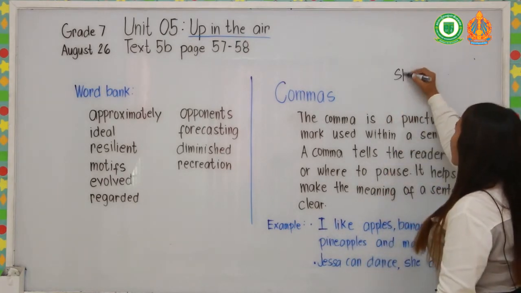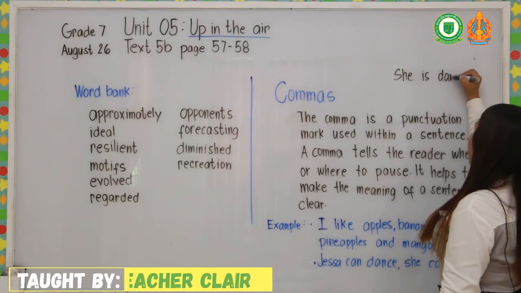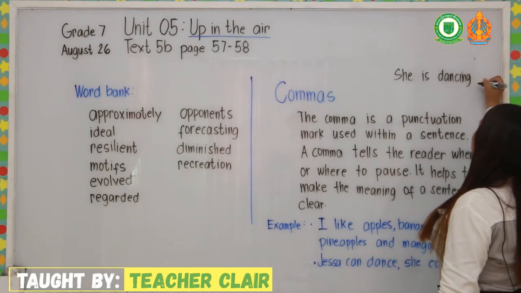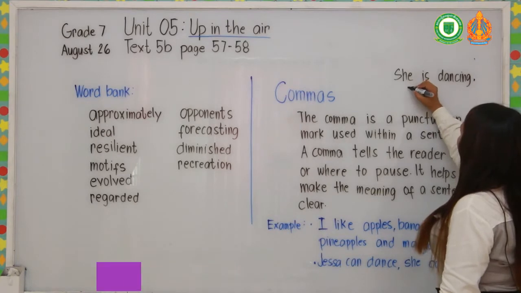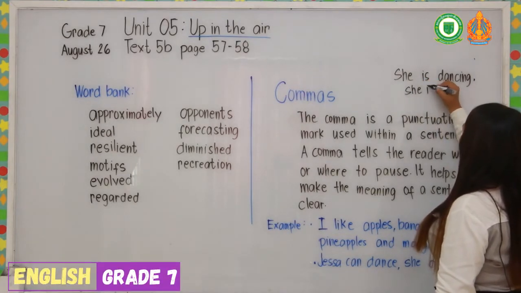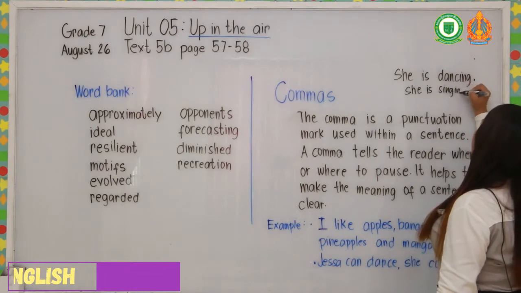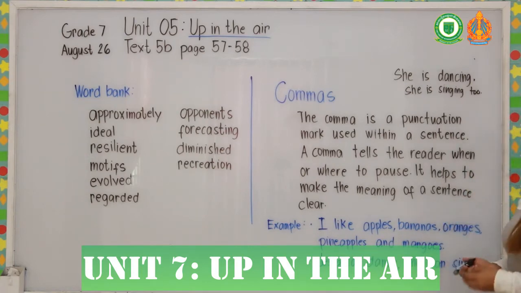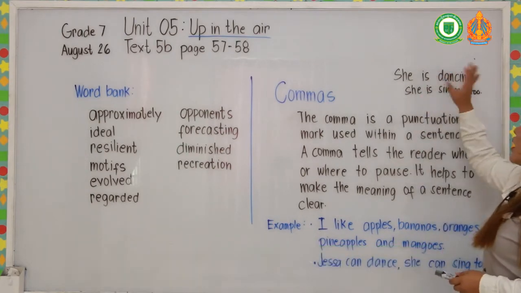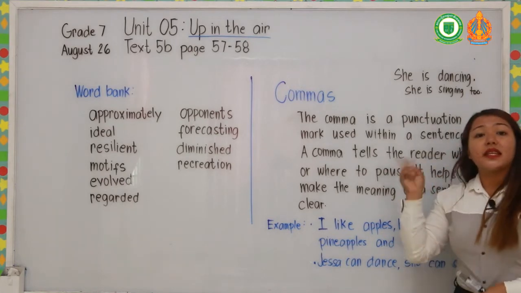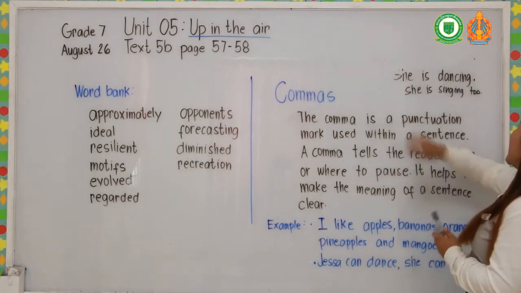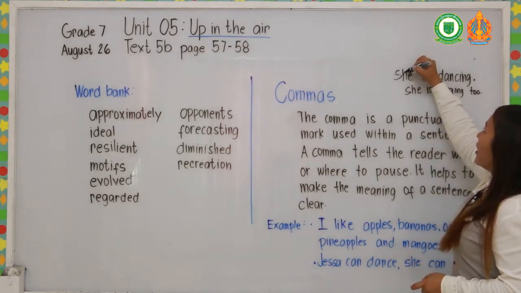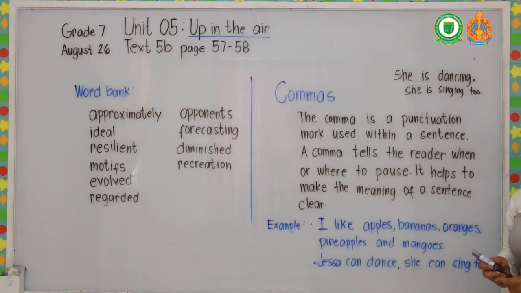Let's say, she is dancing, she is singing too. There are two sentences in this sentence. Technically this is one sentence. However, because of this comma, we can combine two independent sentences together in one sentence.